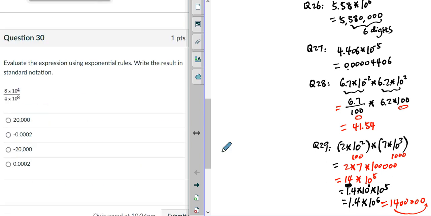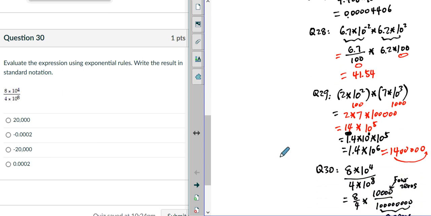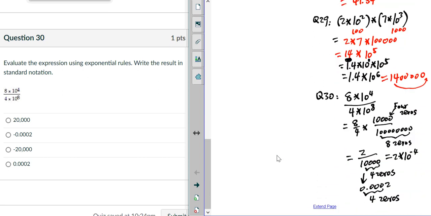All right, now let's do the last one. The last one, we know 8 times 10 to the 4th power. That's 8 times 1, and there are 4 zeros behind 1. Similarly, here is 4 times 10 to the 8th power.